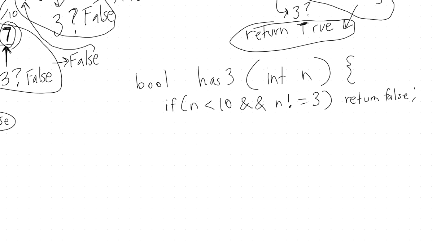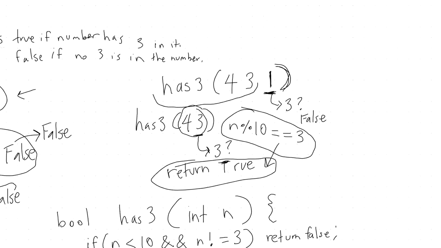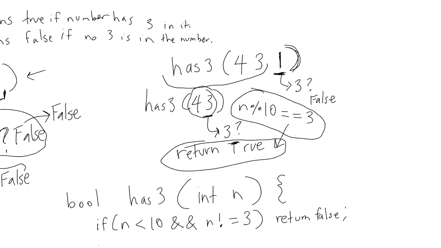Otherwise, the second base case that we looked at was the case where the number did have a 3 in it. In that case, we can find it because when we look at the last digit of the original input, we could immediately return true.